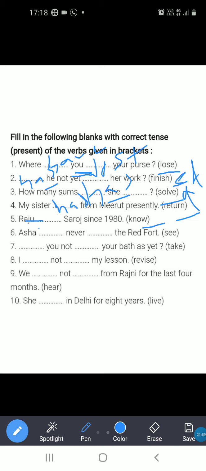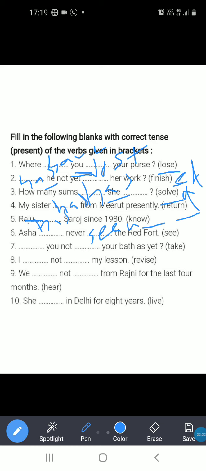Raju has known Saroj since 1980. Next, Asha has never seen. What is the third form, the past participle form of verb? Seen. Here we will add seen. Asha has never seen the Red Fort.